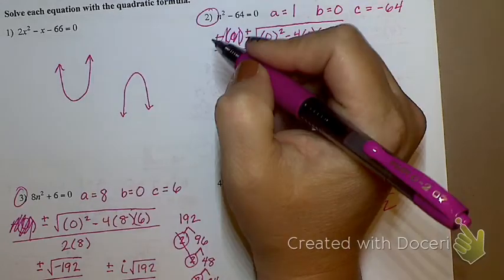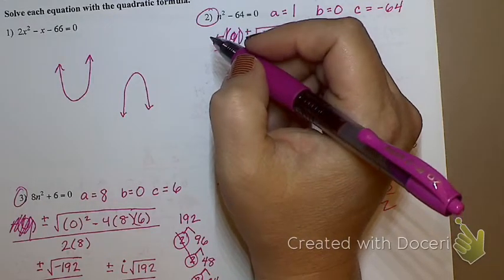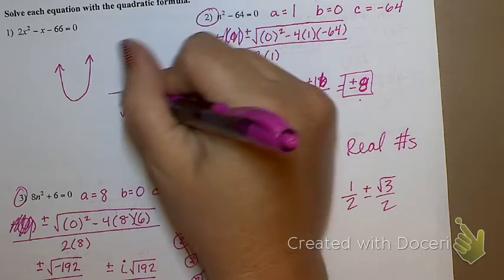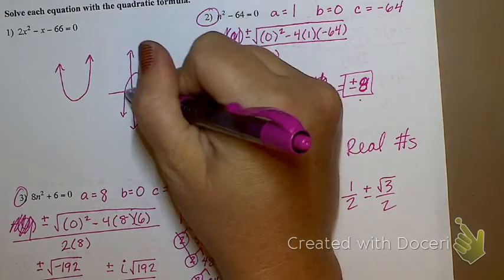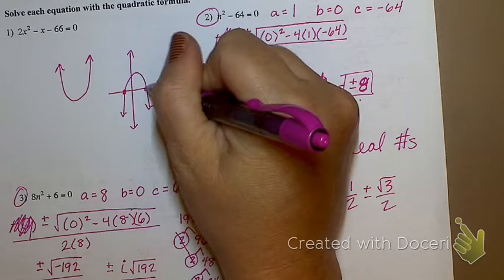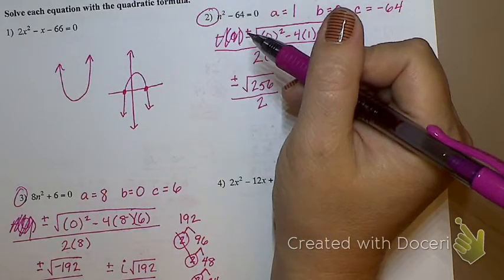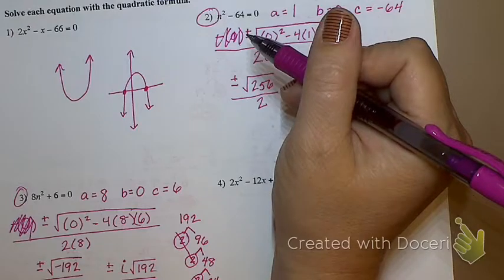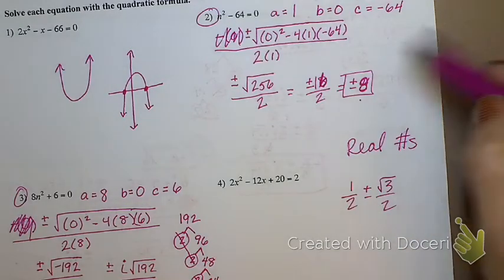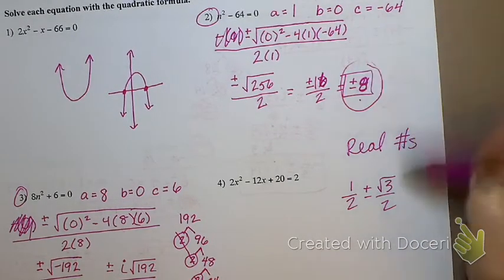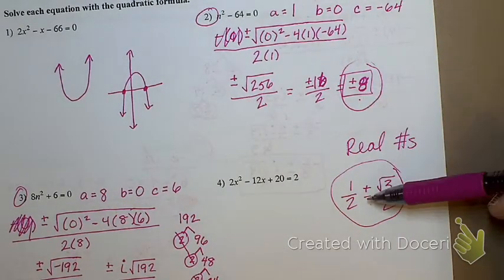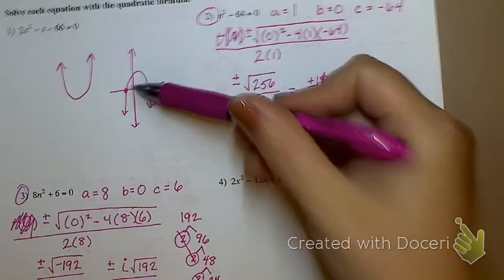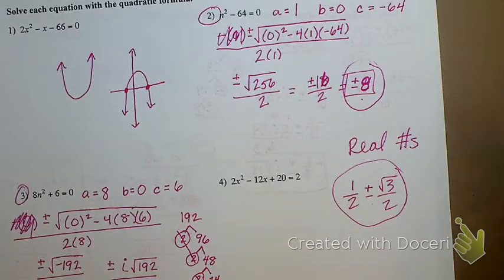Every single one of these makes one of those. And when we graph these, we typically have 2 places where we hit the x-axis. Those are called x-intercepts. Yes? Every time our answer is real, those are the actual locations where our parabola hits the x-axis.